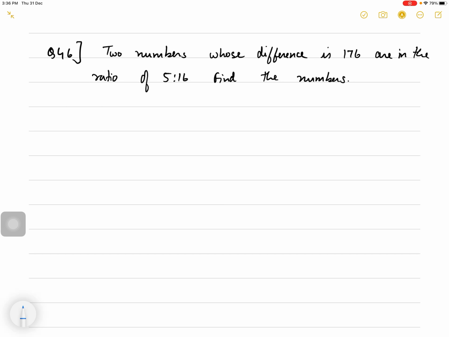Two numbers whose difference is 176 are in the ratio of 5 is to 16. Find the numbers. Okay, this kind of problem we have already solved. Let the two numbers be 5x and 16x, and 16x minus 5x is 176.